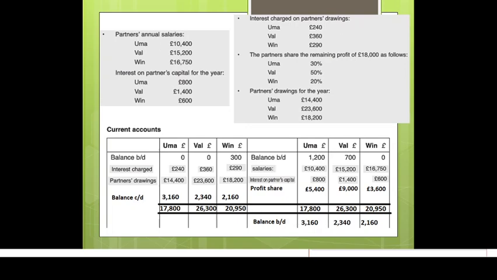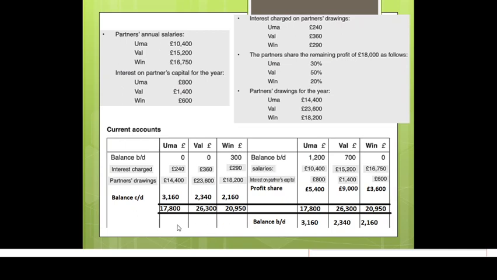So if you are looking at this particular question, all three of them, UMA, VAL, and WIN, they all have positive balances, i.e. the partnership owes them. They have more money, they have a positive balance in the company, okay? Whereas if these carried down figures were here, their brought down balances would be here, which means they owe the partnership.